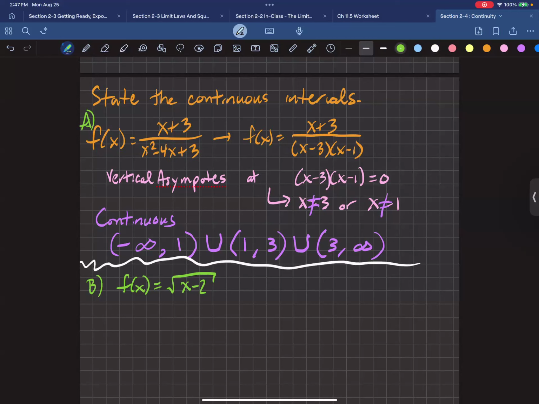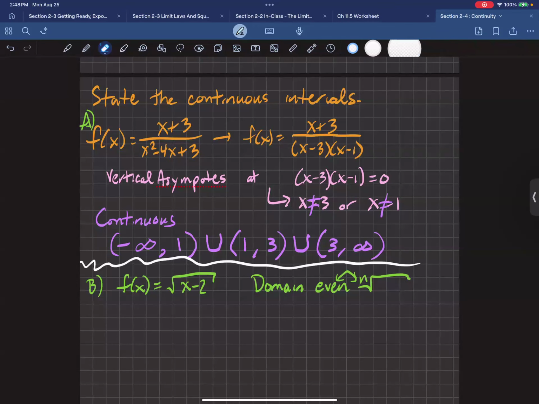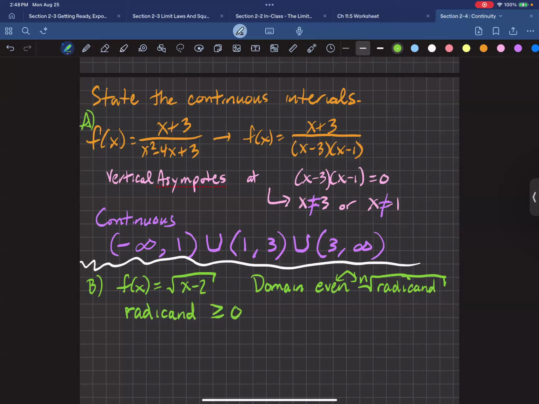So the domain for a square root, an even nth root, where n is even. It's called the radicand inside. The radicand has to be greater than or equal to 0.